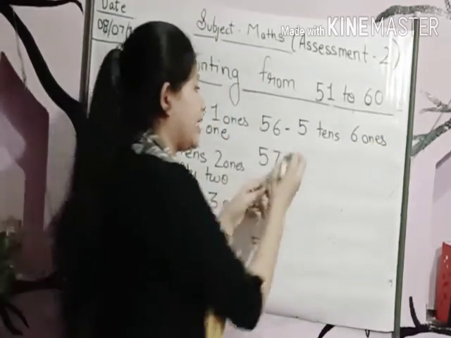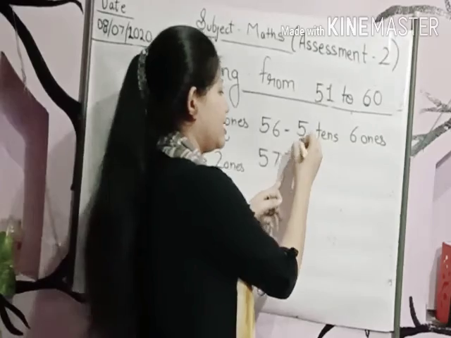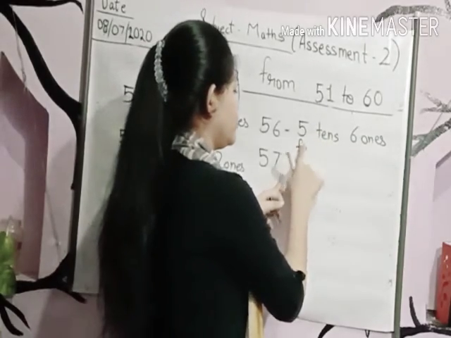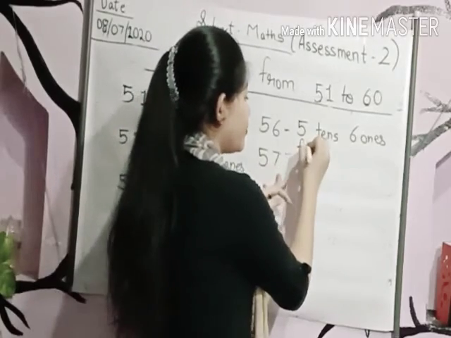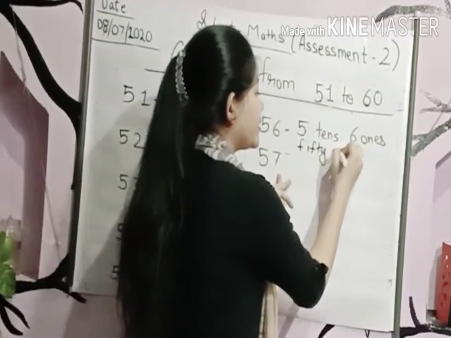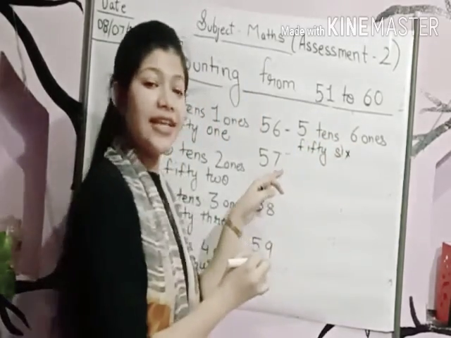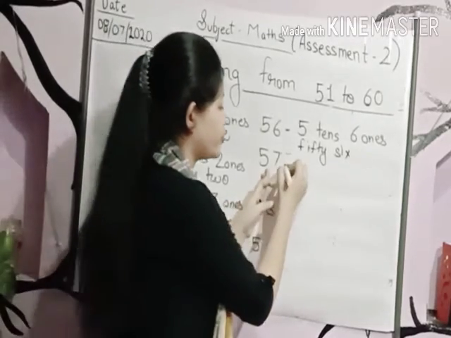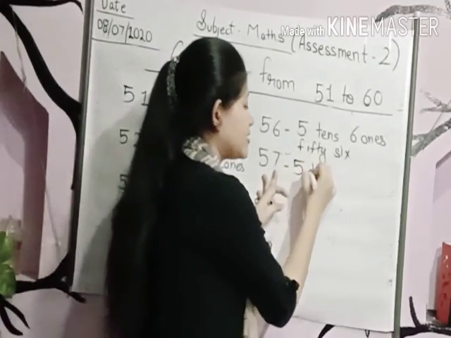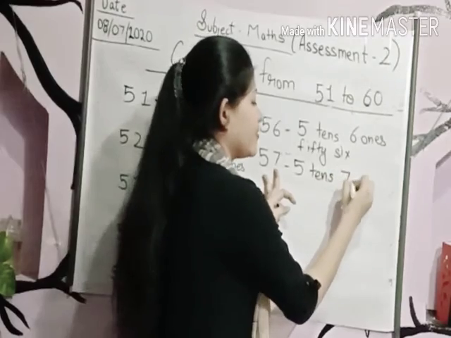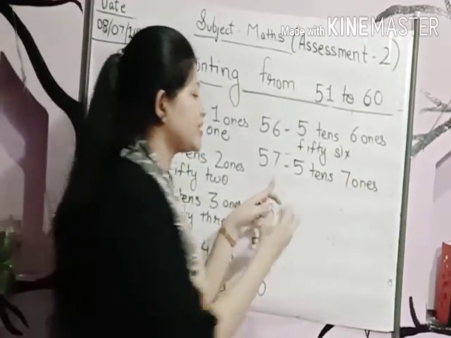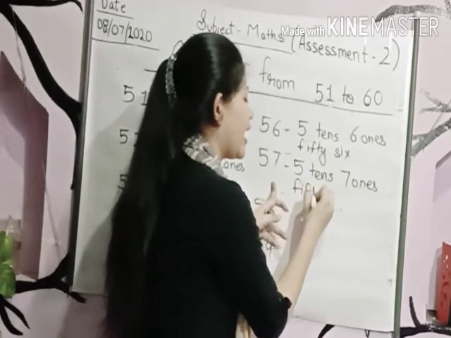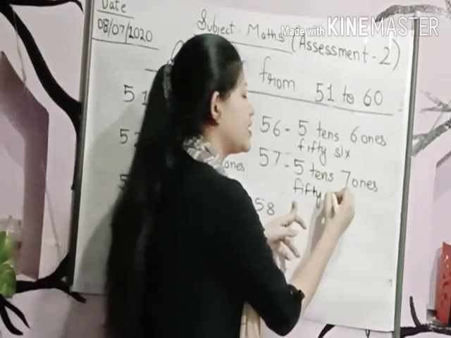Yes, we can write it as 56. Yes, now let's come to number 57, which can be written as 5 tens, 7 ones. Yes, now 5 tens means again 50 and 7 ones means 7.